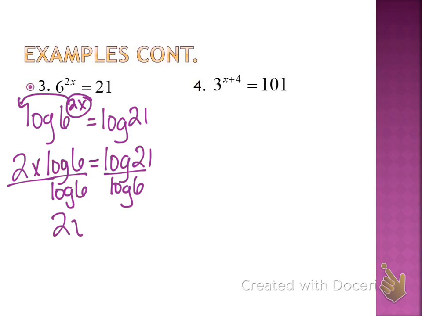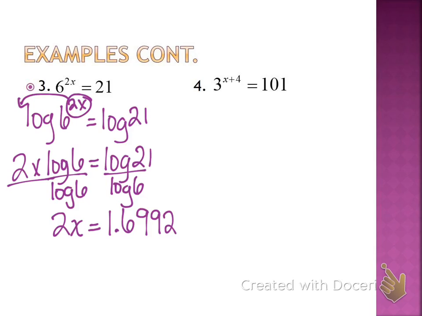So that leaves me with 2x equals, and then I've got to use my calculator carefully. Log 21, close parentheses, divided by log 6. What do we get? 1.6992 is what I got.